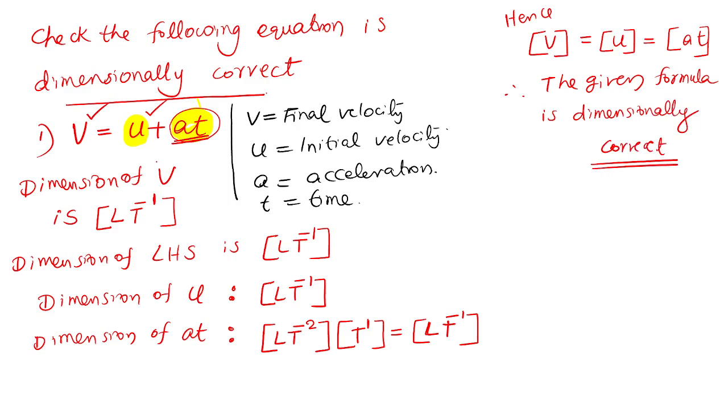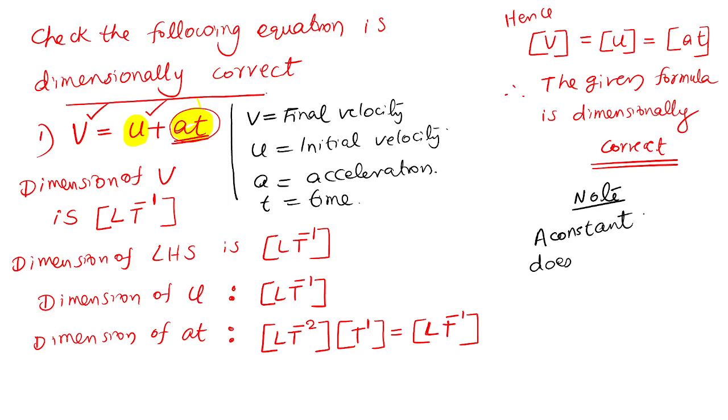We can verify whether the formula is correct or not using the dimension principle. All of you please write and ask your doubt. Just write a note: a constant does not have any dimension.